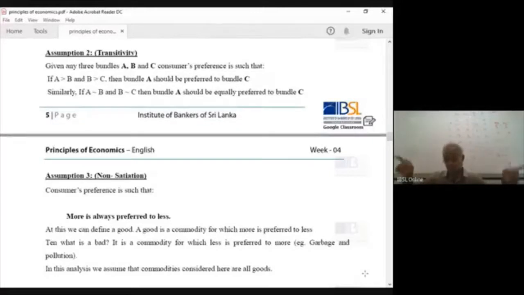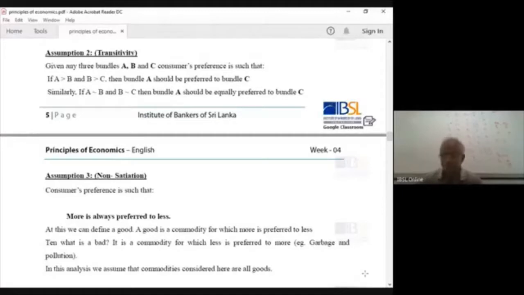In this whole model, we assume all commodities are goods. We don't use the bad assumption. There are some advanced textbooks where you can analyze the behavior of bads, where people prefer less to more. But generally, we assume the consumer always prefers more to less.